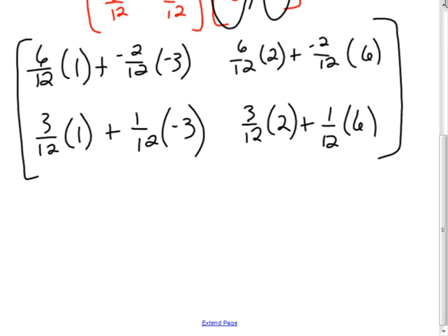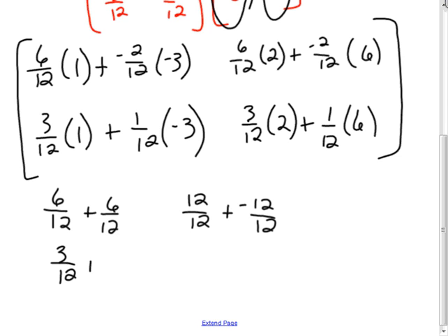So now I go through, I have 6/12 plus 6/12. And then the second one, I have 12/12 plus a -12/12. Bottom left, 3/12 plus a -3/12.